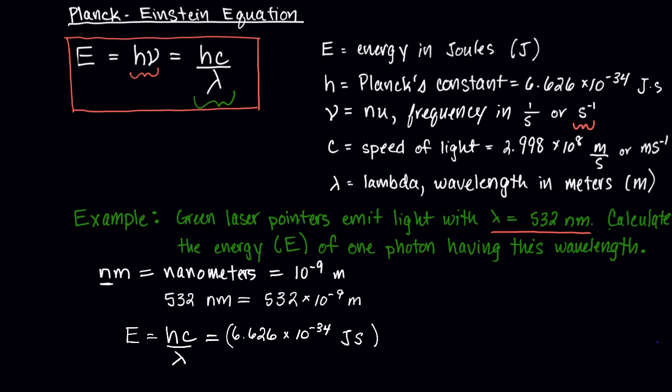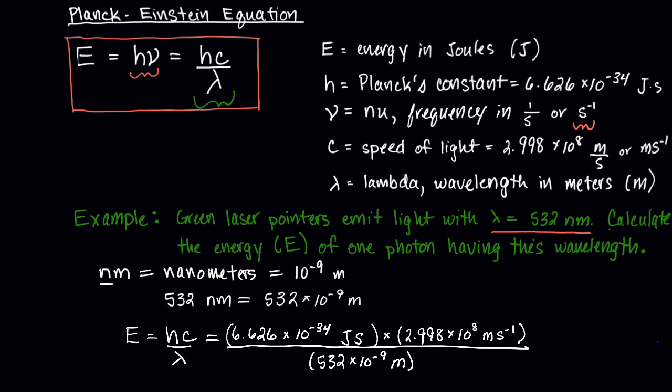I strongly encourage you to include units here just to make sure that you've done everything correctly and end up with the right joules at the end of your problem. We're going to multiply Planck's constant by the speed of light, 2.998 times 10 to the 8th meters per second, all of that divided by the wavelength, or 532 times 10 to the minus 9th meters.